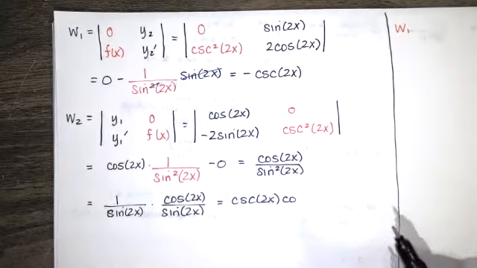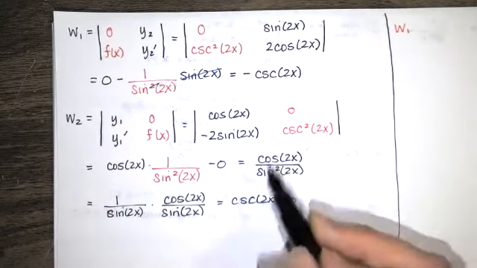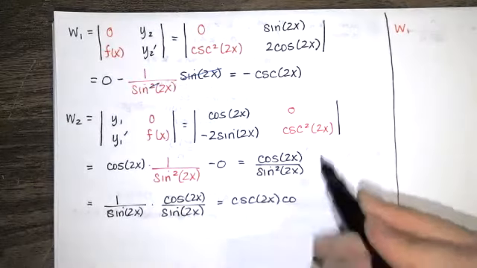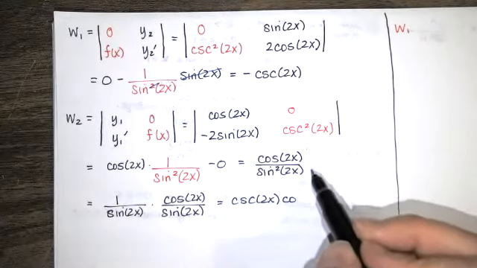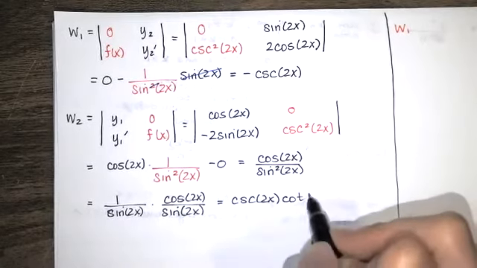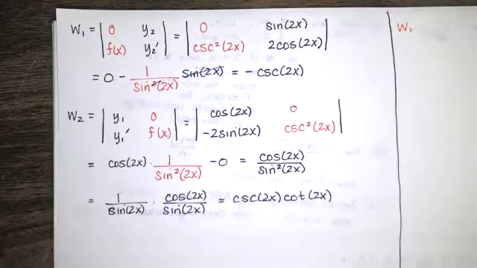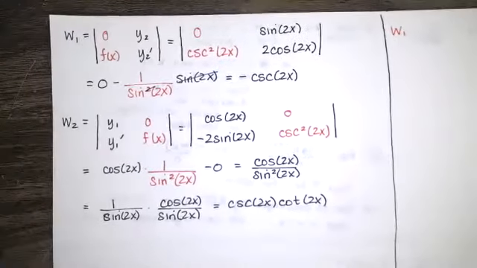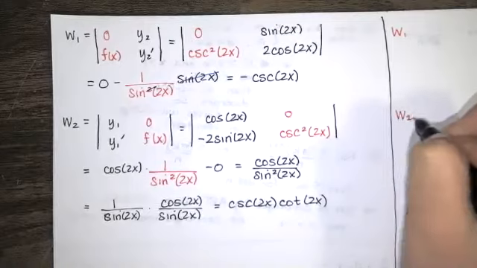You could also leave it like that. That might be a useful form to write it in. If you don't rewrite it this way, but you rewrite it this way, you can use a u substitution to compute the necessary antiderivatives. If you do this, then you actually have a basic rule for this cosecant cotangent product. So we've got our W1, and now we have our W2.